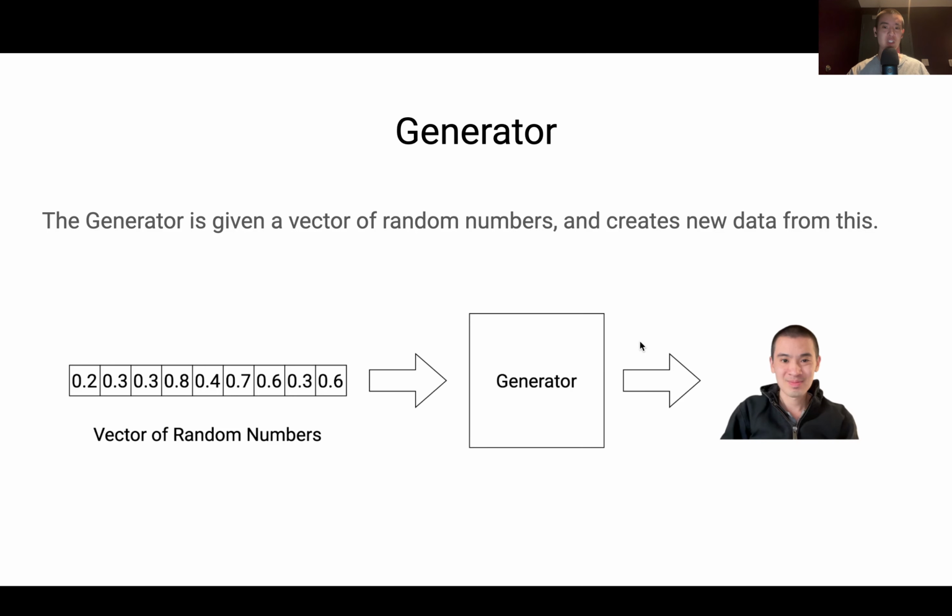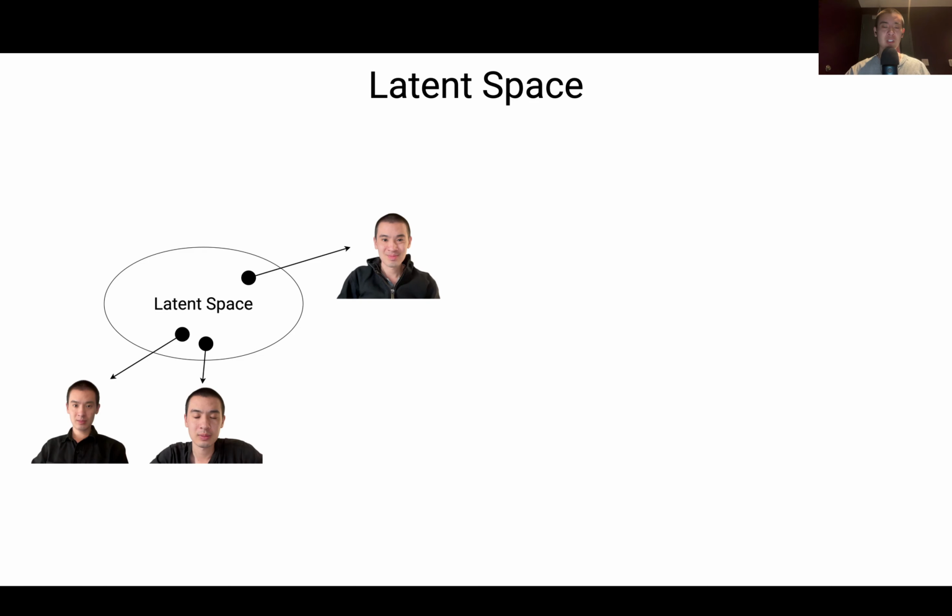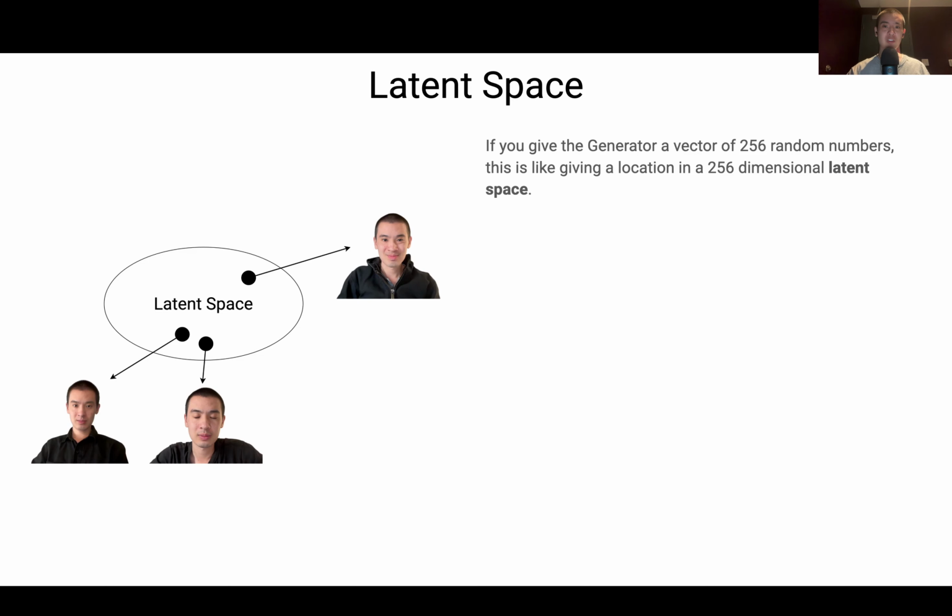So one way I like to think about it is this: latent space. If you give the generator a vector of 256 random numbers, this is like giving a location in a 256 dimensional latent space, as we can see on the left-hand side.